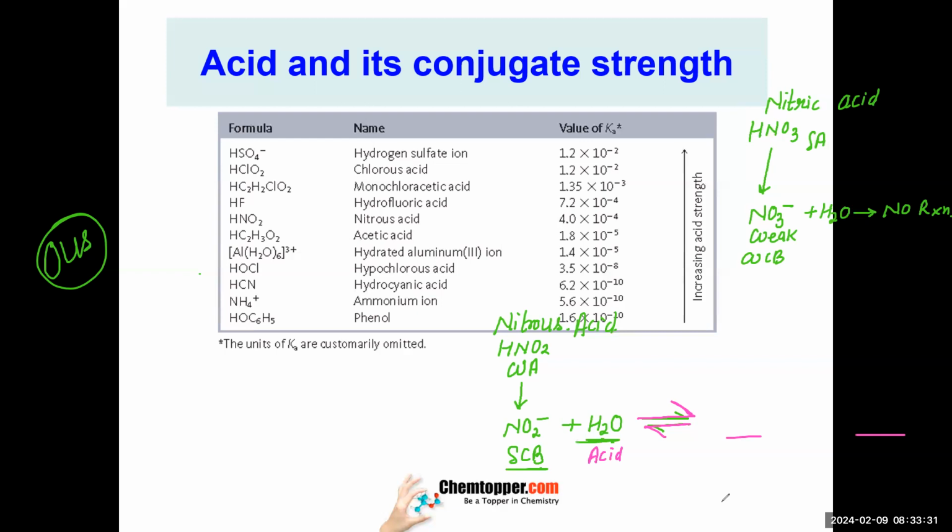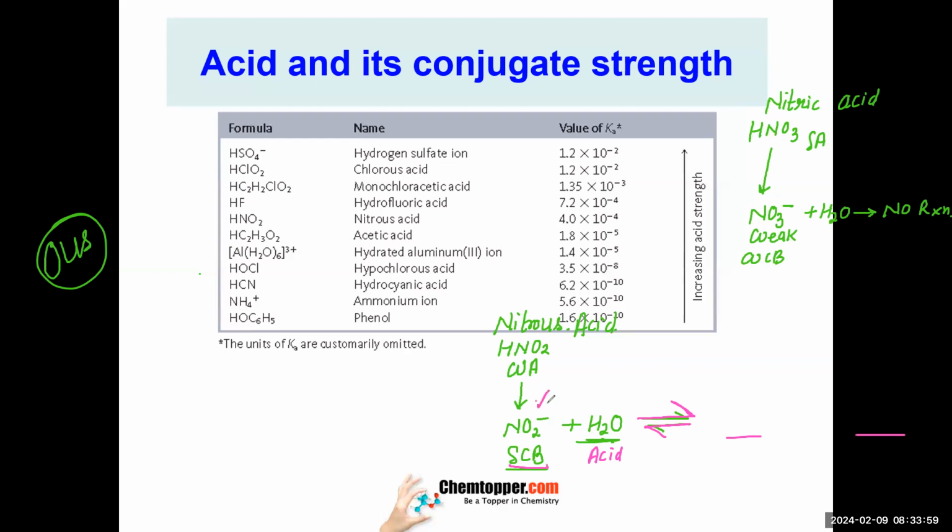Okay, Aditi, I think by mistake you have written something else. I can make out, it's a typo error. Okay, Afan, you have to go step by step. If this is the base, it's going to take H plus.